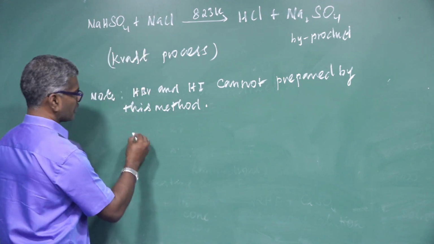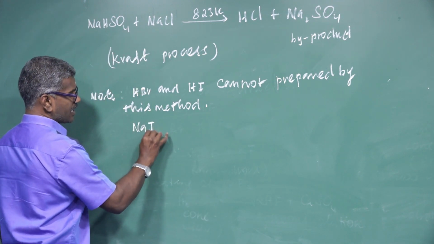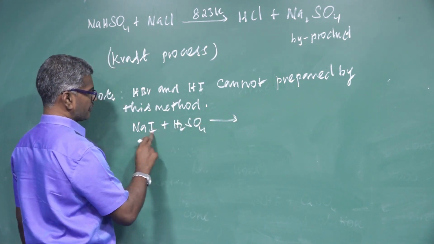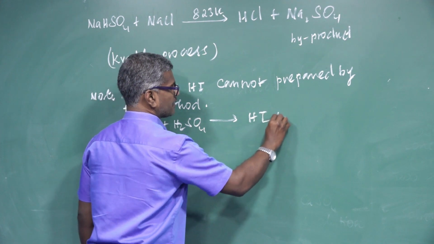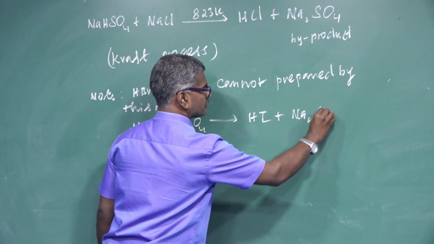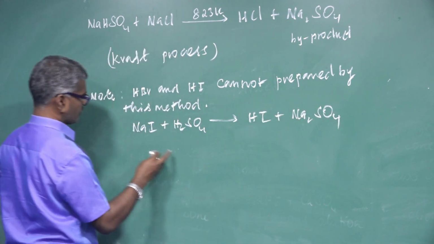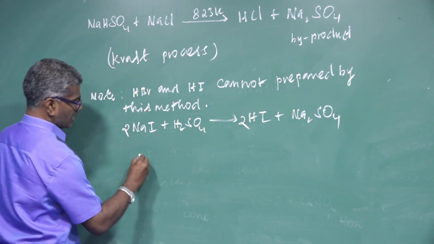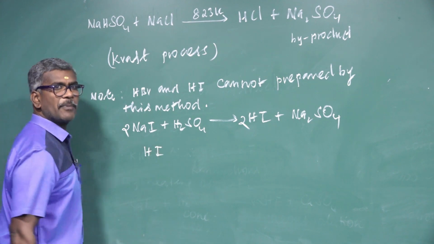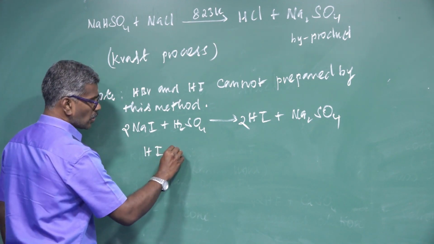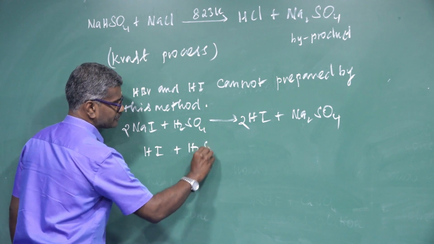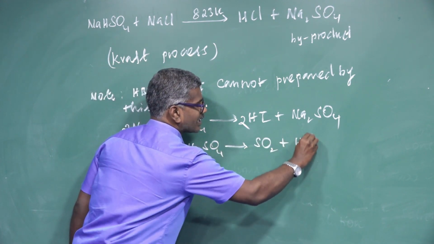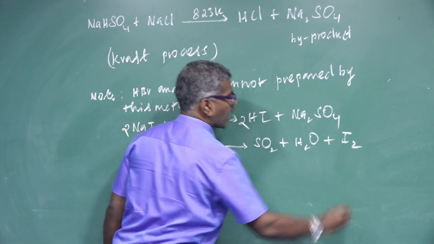For example, NaI reacts with H2SO4 to form HI plus sodium sulfate. Here 2 sodium, 2 iodine, 2 hydrogen. This HI acts as a powerful reducing agent, so it reduces the sulfuric acid, converting it into SO2 plus water with liberation of iodine.